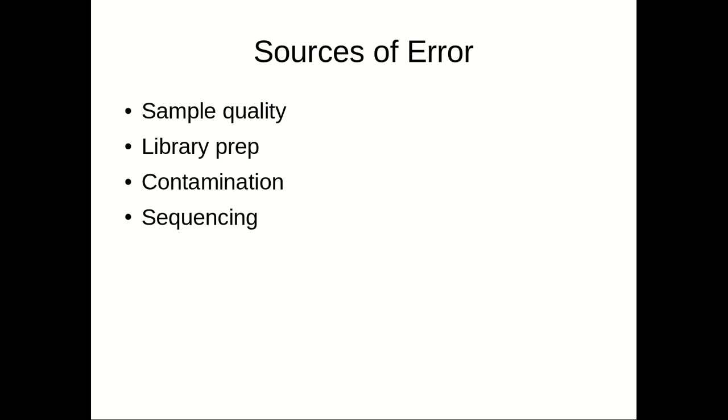So every single step in your library prep has bias associated with it. So I guess error or bias. So you can either mess up and cause something bad to happen, or there's just an inherent bias to every single step. So a polymerase does not have equal affinity to every possible substrate, right?